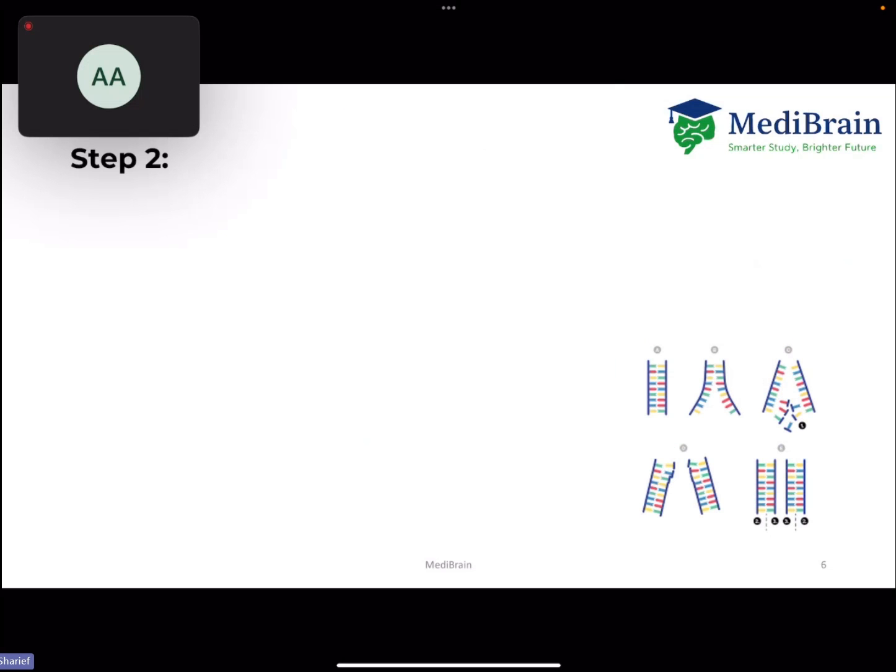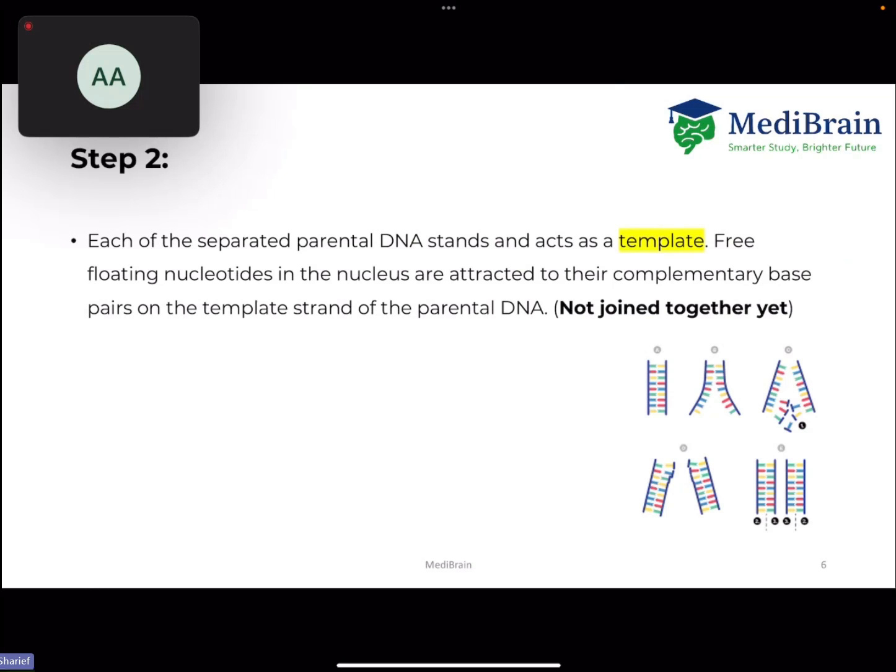Okay, what next? What's happening next is that each of the separated parental DNA strands acts as a template. That's the key phrase here. Each strand will act as a template. So originally what we had was this. I'm going to draw again.